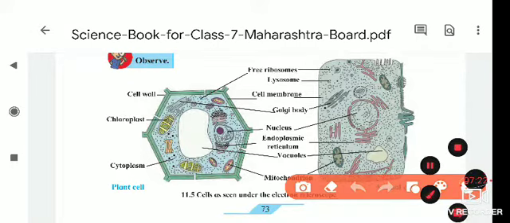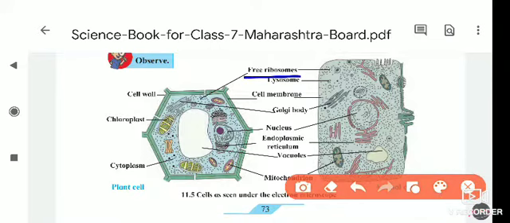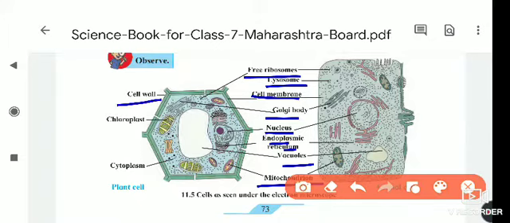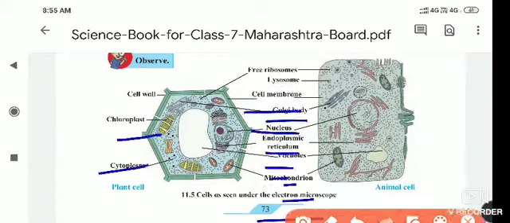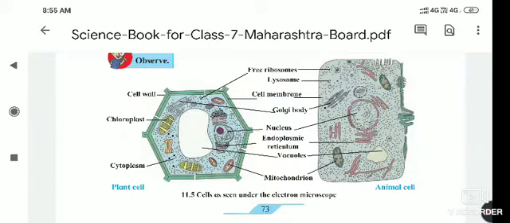The organelles present in both cells are free ribosomes, cell membrane, Golgi bodies, nucleus, endoplasmic reticulum, vacuoles, mitochondria. These are present in plant and animal cell both. Only the cell wall, chloroplast and plastids are present only in the plant cell. And lysosomes are present in the animal cell.